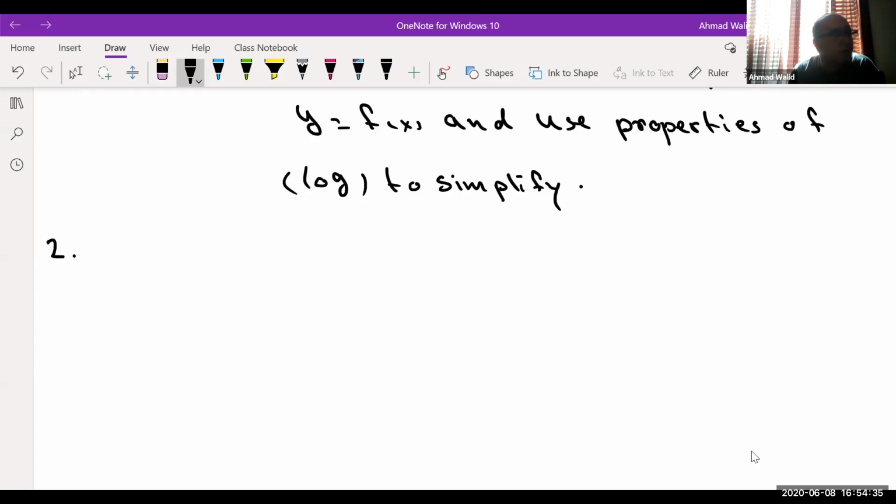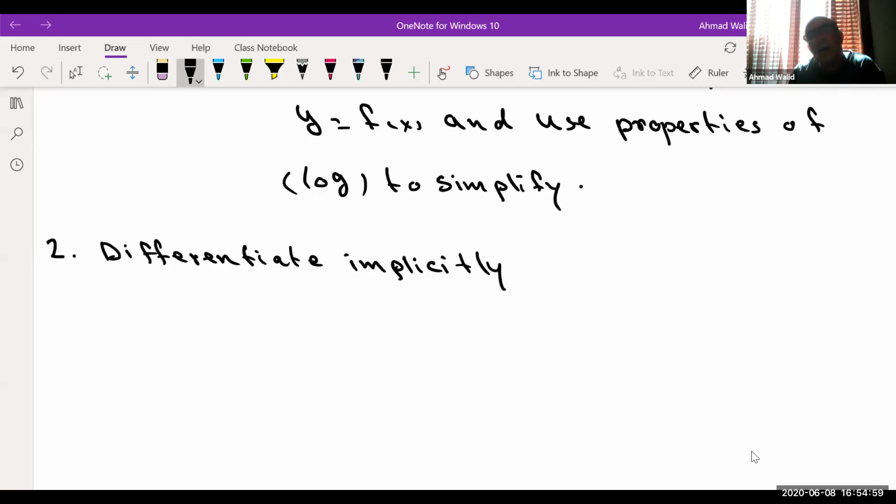Step 2. Differentiate implicitly with respect to x.